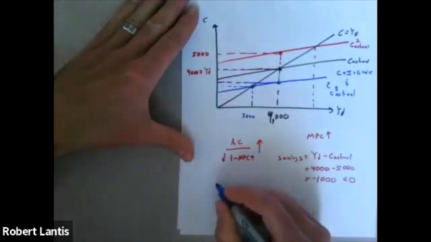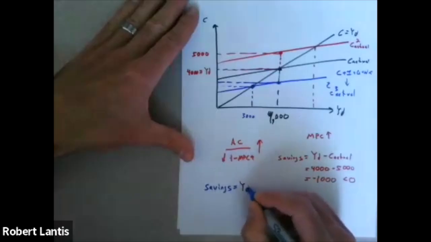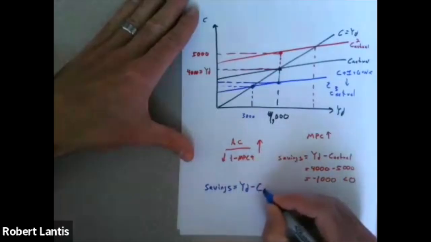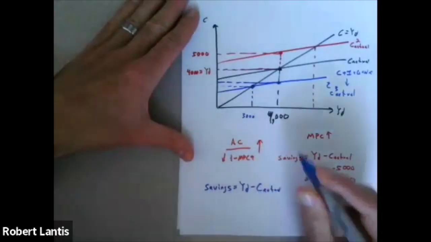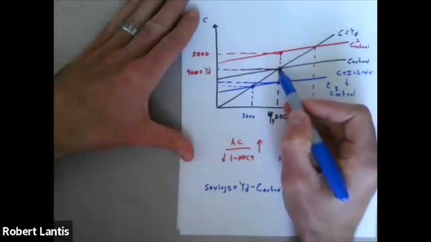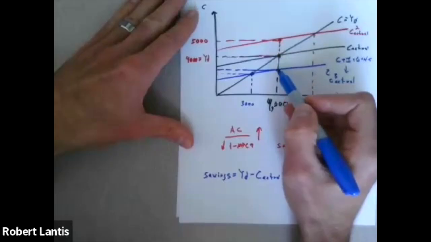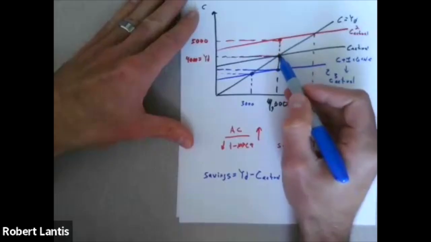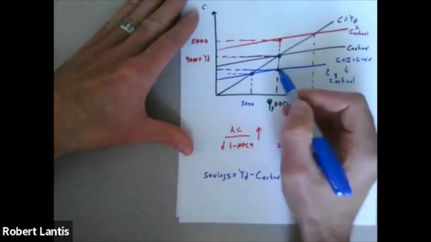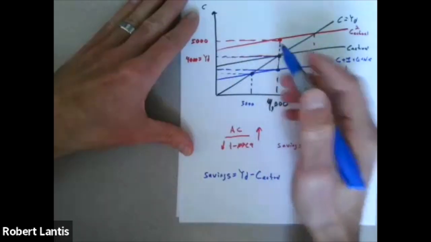Now if I'm thinking about savings, it's my disposable income minus the actual consumption. That level of income, which is 4,000, compared to the actual consumption.